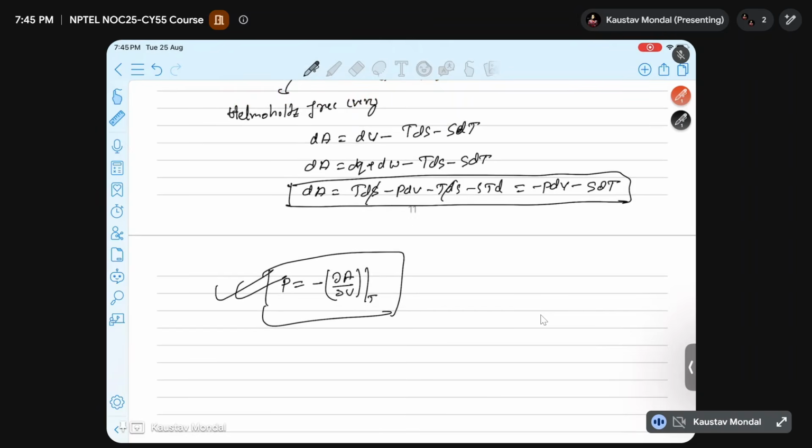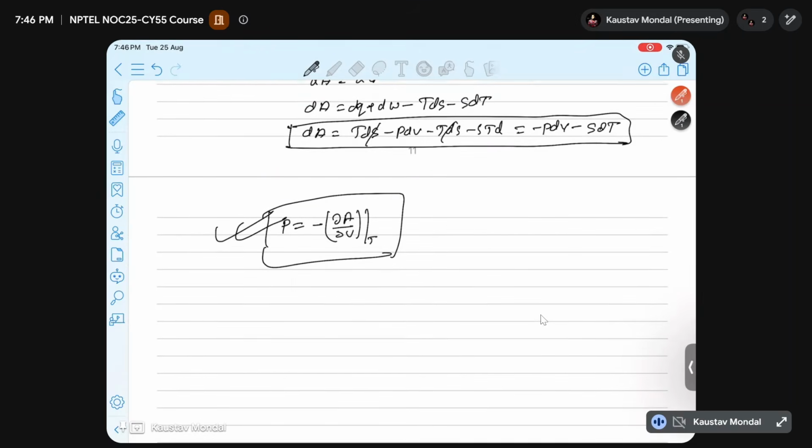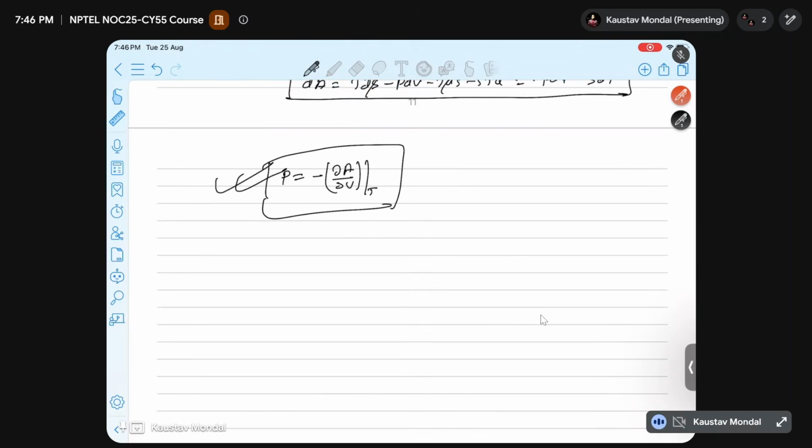Now this is at constant temperature. So from the relation A equals U minus TS, at constant temperature we can write A minus A0 equal to U minus U0 minus TS.